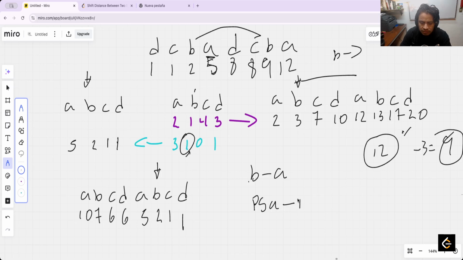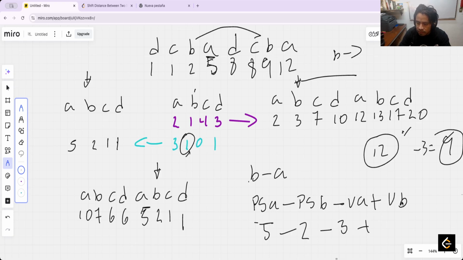A less prefix sum B less the value A plus the value B. For example, prefix sum A in this case is 5, or the target in this case is the letter A. 5 less prefix sum B, that is the origin, that is 2, less value A, that in this case is 3, plus value B, that in this case is 1.